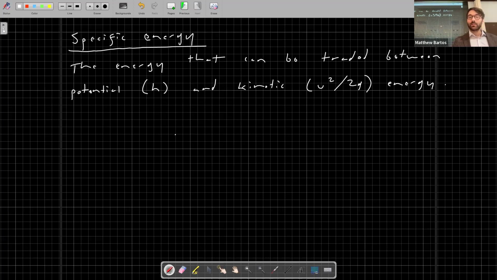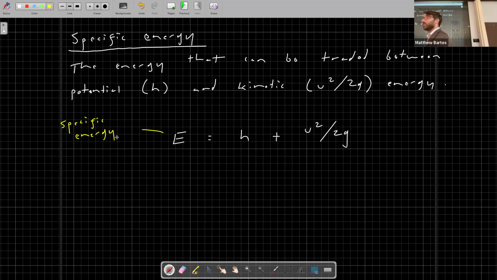So for flow in an open channel, the specific energy is equal to H plus U squared over 2G. So it's basically, if you take the energy equation and you just remove the component associated with the channel bottom, associated with that gravitational force, that is the specific energy. So E here, this is our specific energy. So you can essentially think of it as the energy that can be traded between these 2 quantities.